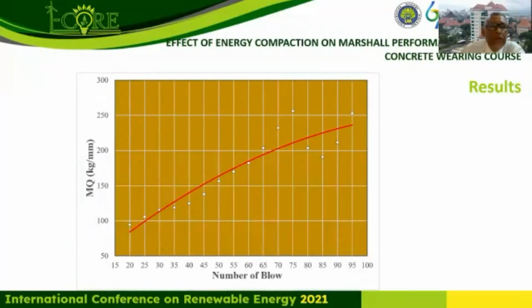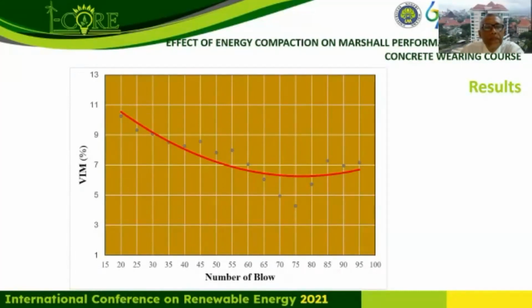And MQ is the Marshall quotient. The Marshall quotient is a comparison between stability and flow. The data shows an increasing trend until 75 blows. After 75 the data is not consistent, with a decrease and then an increase.